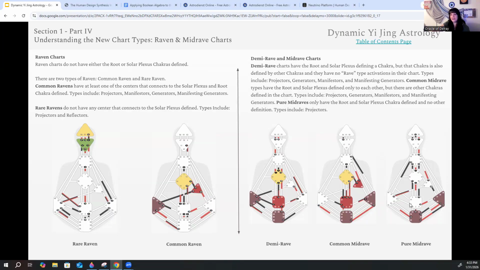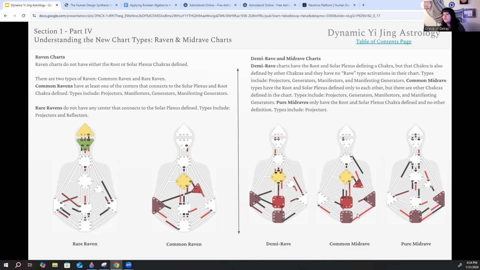So mid-raves have the solar plexus and root defined, but only to each other. There are two types of mid-raves. The pure mid-rave just has the solar plexus and root defined to each other. And then the common mid-rave has the solar plexus and root defined just to each other, but there are other definitions in the chart.